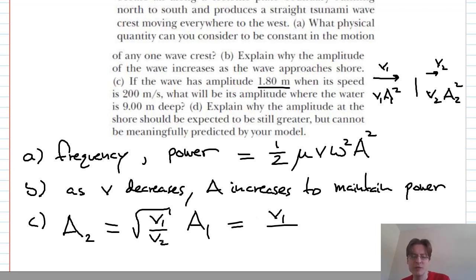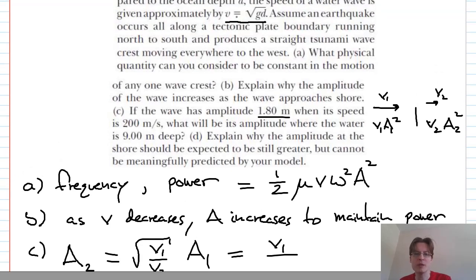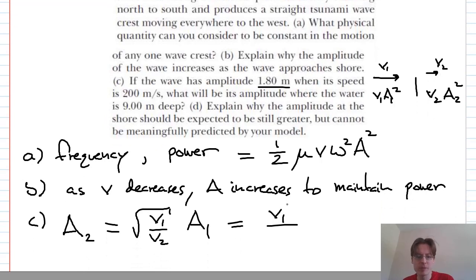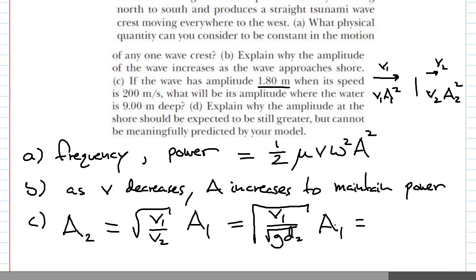I have to write V2 in terms of what's given about the speed of such waves, that it's the square root of g times the depth. So this is the square root of g times the depth of the water at position 2. And that whole thing is under a square root. The number I have is 8.3 meters.